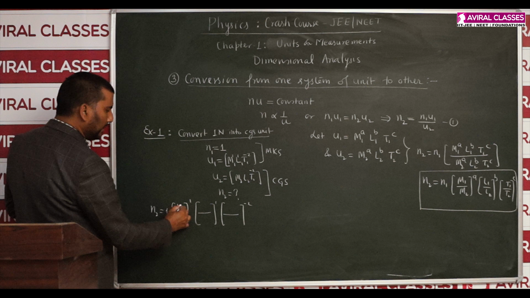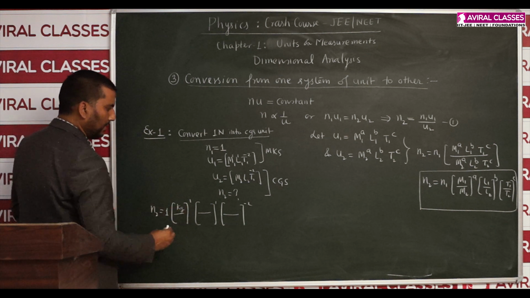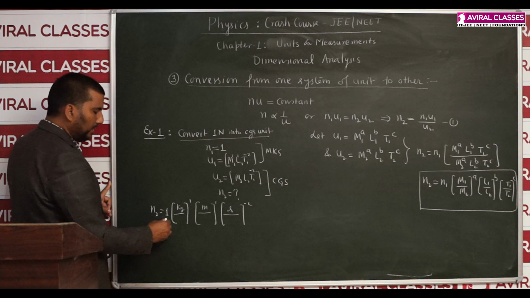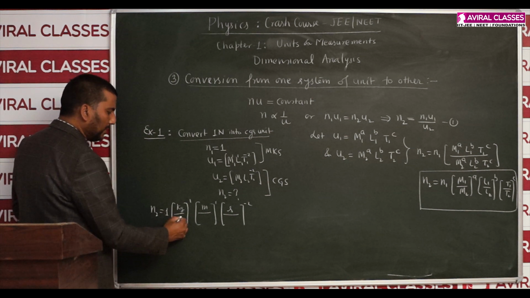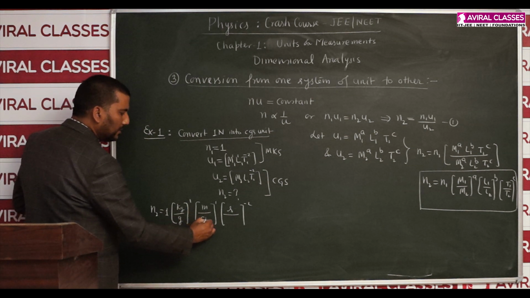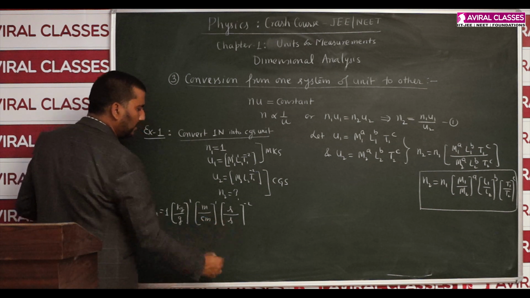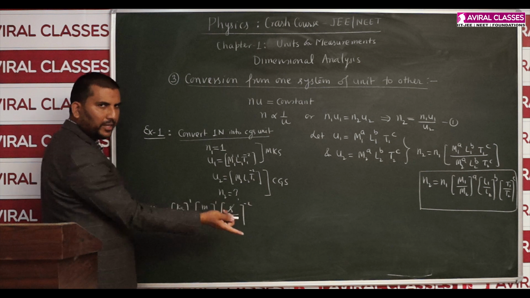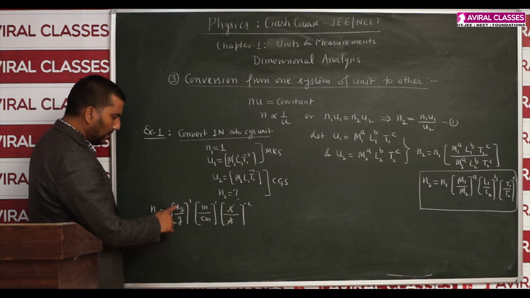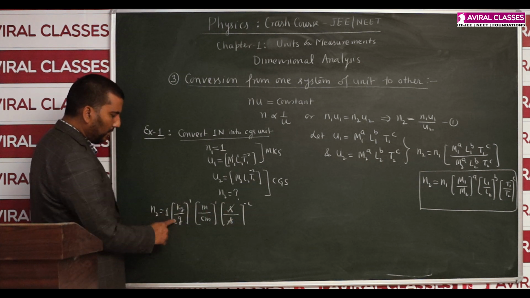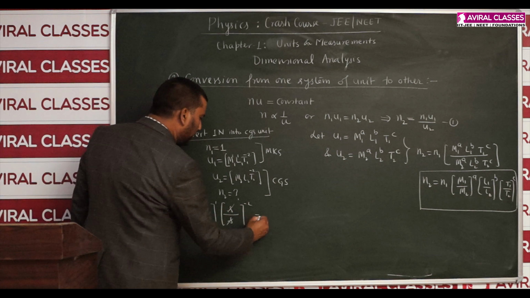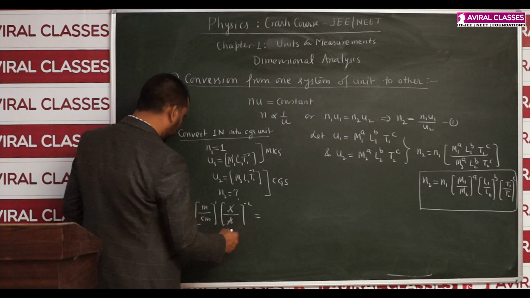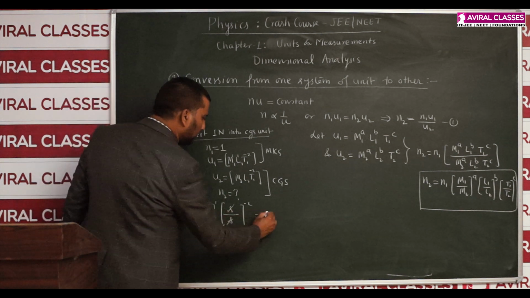In MKS, mass is taken as kg, length in meter, time in second. In CGS, mass is taken in gram, length in centimeter, and time is same. If time is same, then this becomes 1 to the power anything, which will remain 1. Now here we need to solve. So better to convert into 1 unit so that you can cut the unit and get the numerical value.